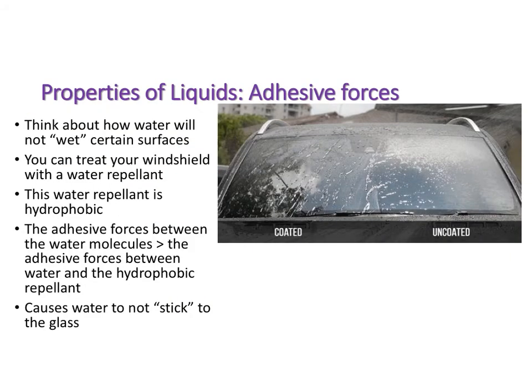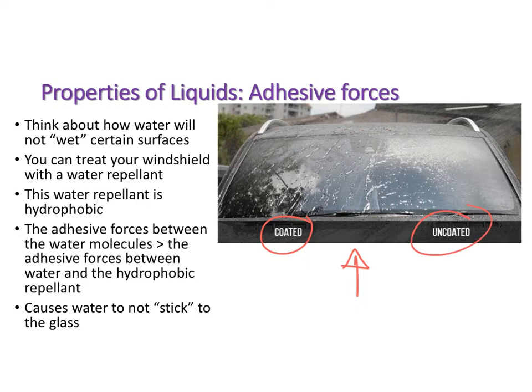Another thing I want you to think of is how whenever water spills on certain surfaces, it doesn't necessarily wet everything, right? So for example, here is a windshield that has a coating of hydrophobic product that you can wipe on, versus uncoated.